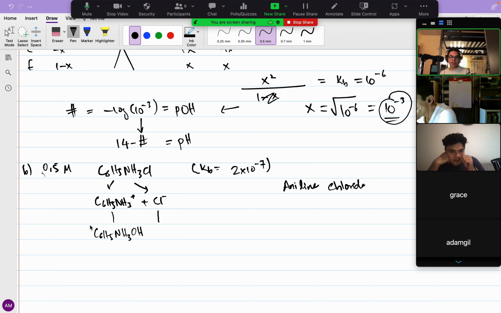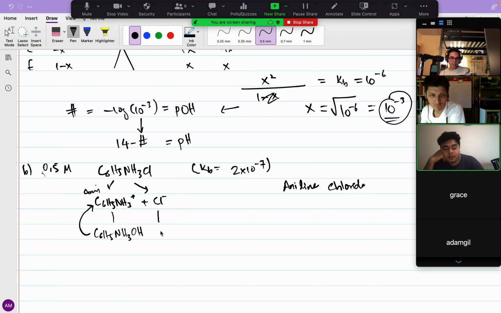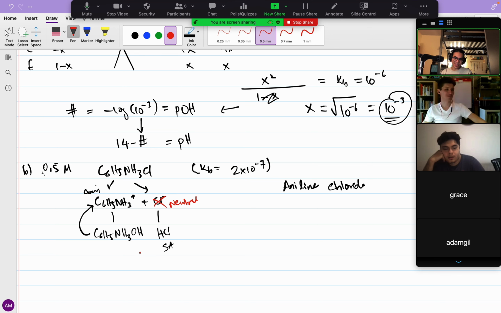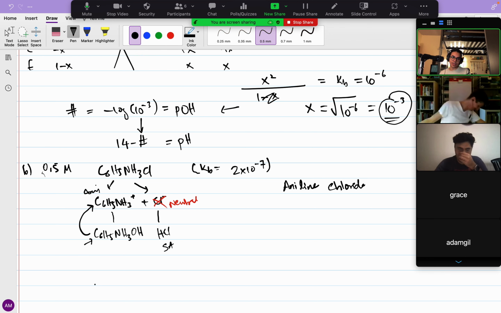This is the base and this is the conjugate acid of that. What did Cl minus come from? HCl. Strong or weak? Strong. So what about Cl minus? It would be neutral. Neutral, exactly. Chances are the other one is not neutral.